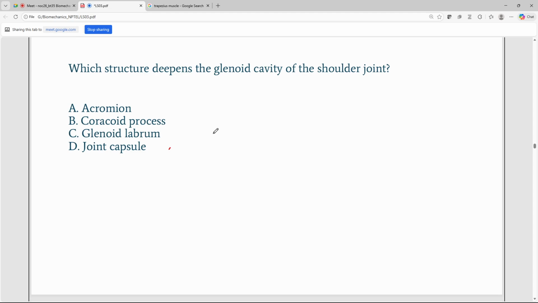Which structure deepens glenoid cavity of shoulder joint?